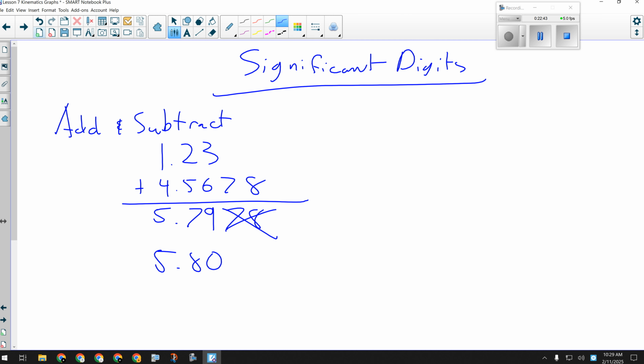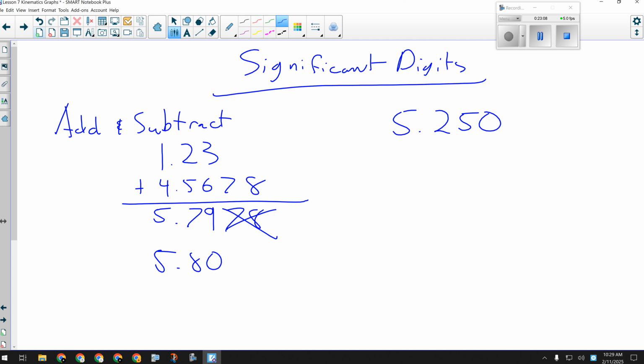All right, how do I know if a value is significant or not? Like, for example, 0 is always the number that's kind of out there. If I have this number, how many significant digits does that number have?